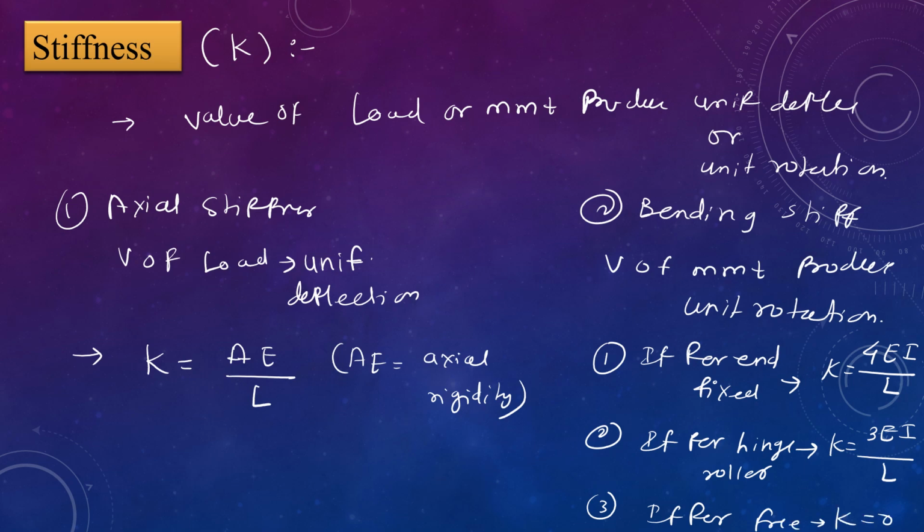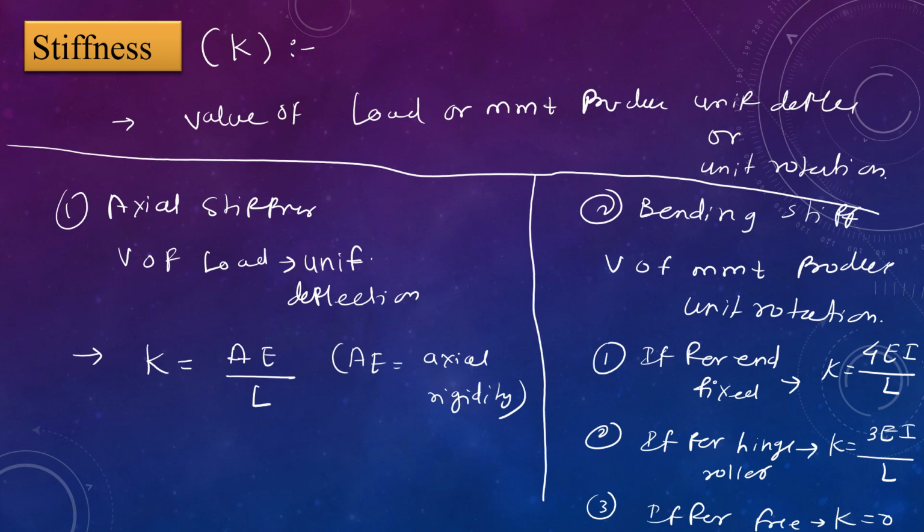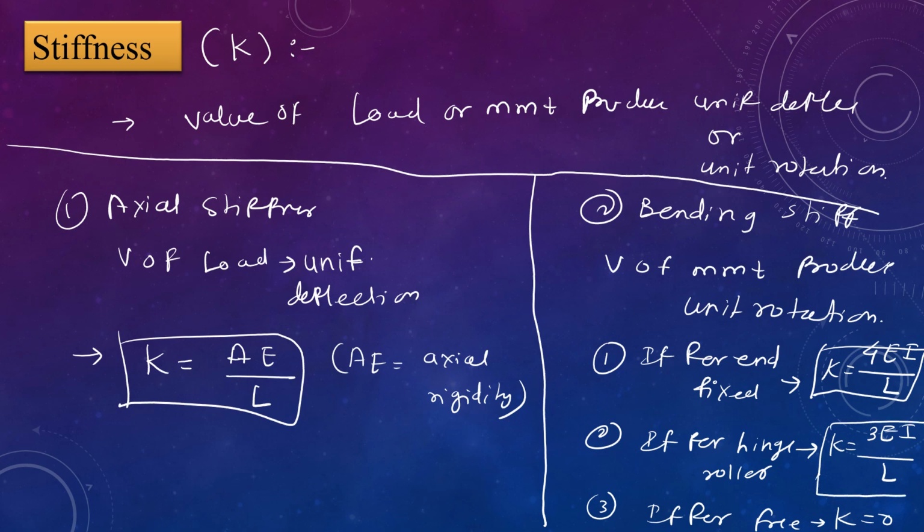These are the three values of stiffness for different end conditions. So these are the two types of stiffness, bending and axial stiffness. Write these formulas, these are the important formulas. Here EI is the flexural stiffness, or you can say bending stiffness.